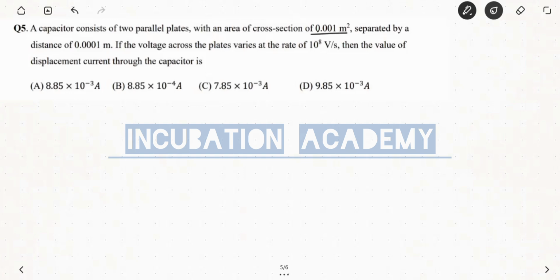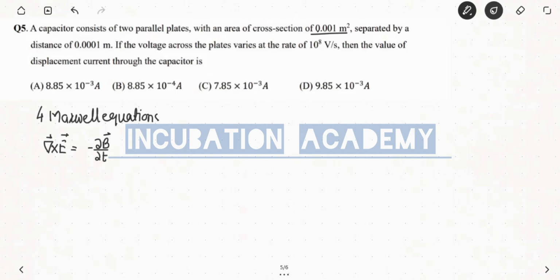So at the starting we have learned four Maxwell equations. Among them, one of the equations is del cross E equal to minus dB/dt in the differential form.